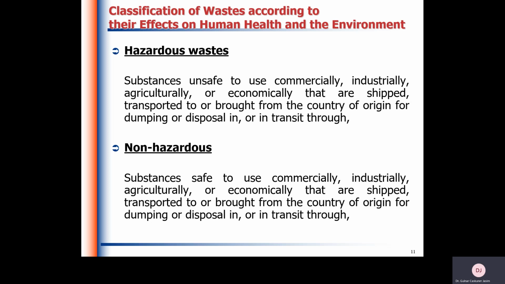Very similarly, non-hazardous substances are safe to use commercially, industrially, and agriculturally, and this is how they come from other sources. So the main difference is that hazardous substances are not safe to use, while non-hazardous ones are safe to use and there is no harm to human health and environment.